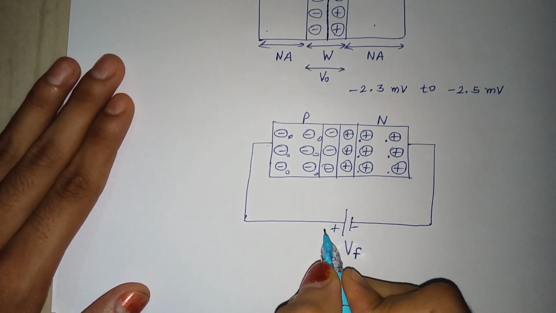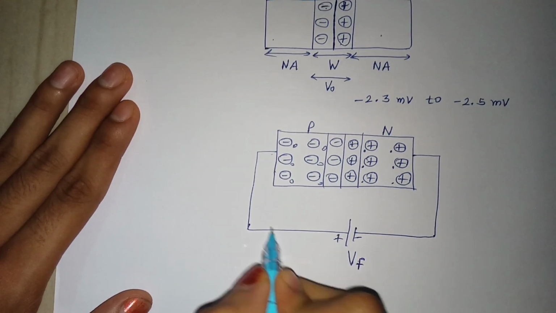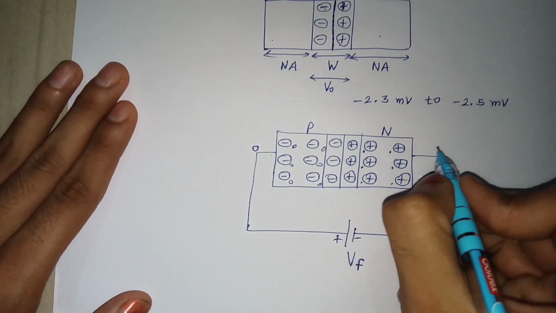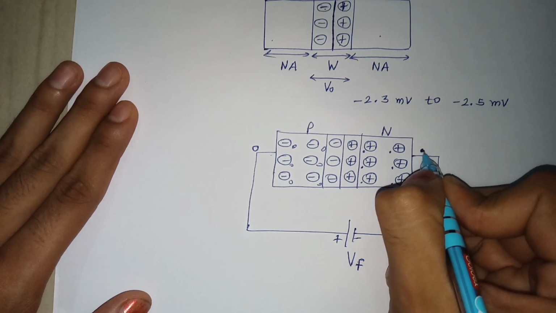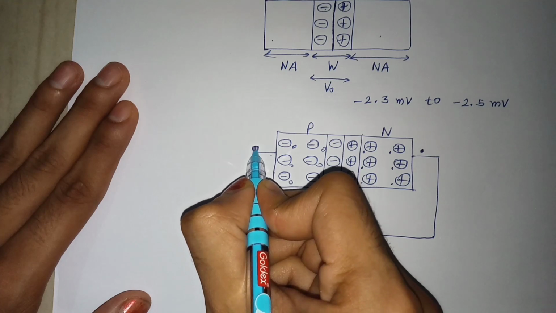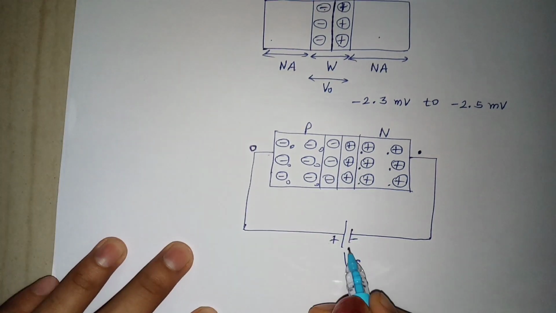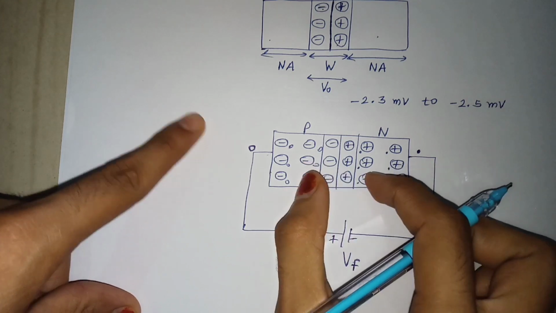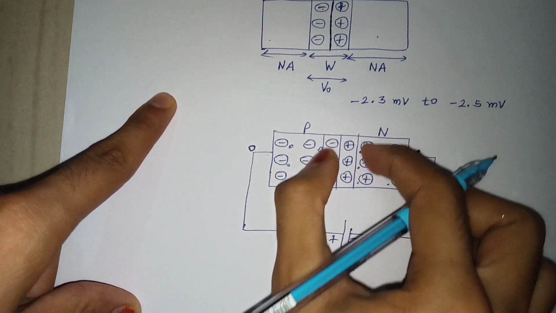Positive means here it is hole, and negative means here it is electron. Electron is denoted by a solid circle and hole by an empty circle. If VF increases, then the concentration of ions inside the depletion region decreases.